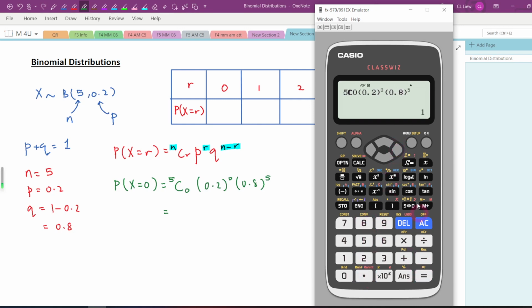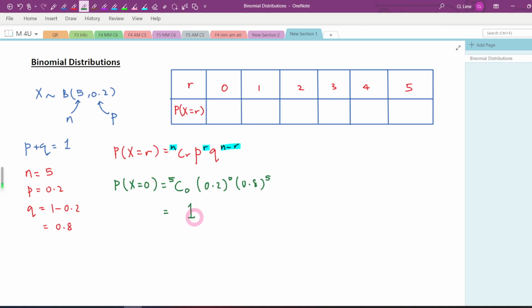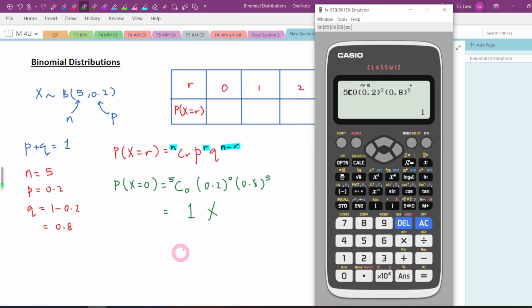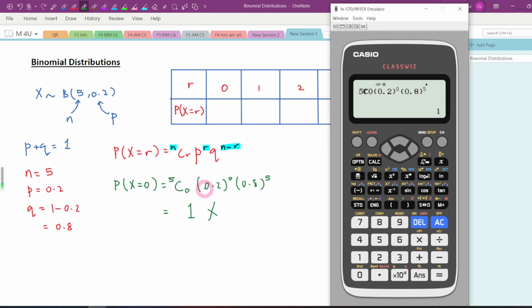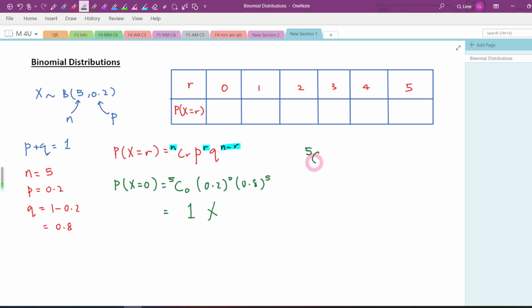You press equal, you will get 1, right? But this is actually not a correct answer. Your calculator thought that you want to calculate 5C0 times 0.2 raised to the power of 0, 0.8 raised to the power of 5, and this is actually equal to 1.